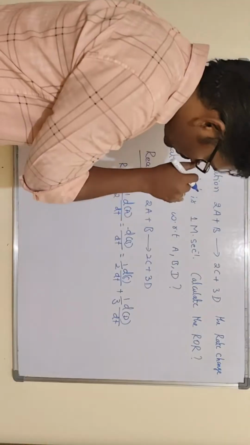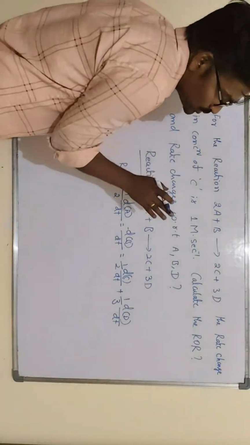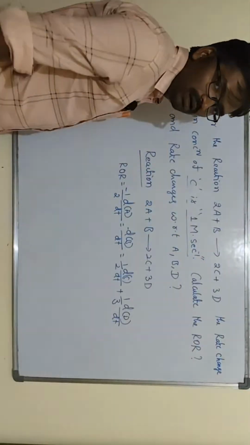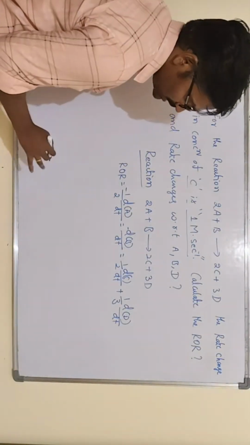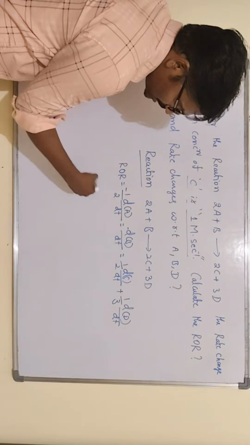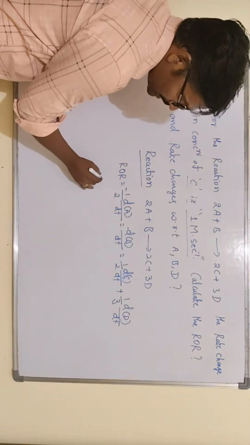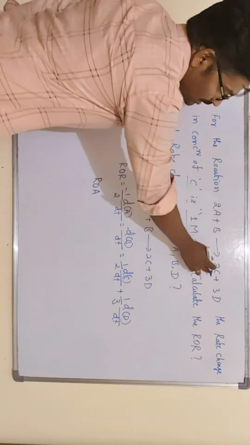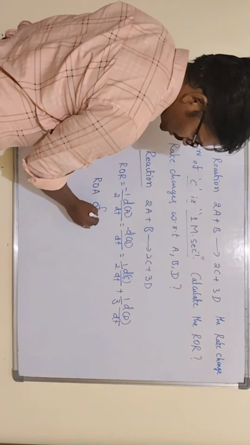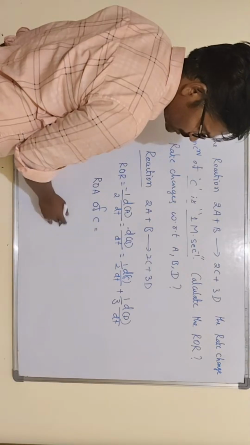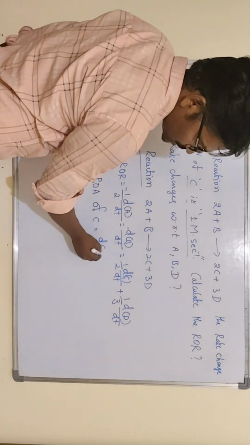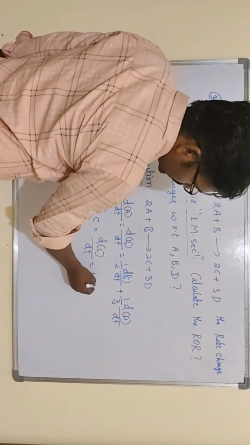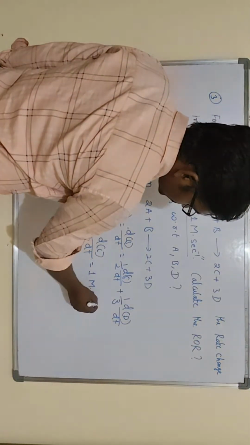See here, one of the terms with respect to C is mentioned, change in the concentration, that is 1 molarity second inverse, which is nothing but the rate of appearance of a product. They mentioned the rate of appearance of C. The rate of appearance of C, that is d[C]/dt, equals 1 molarity second inverse, which is given.